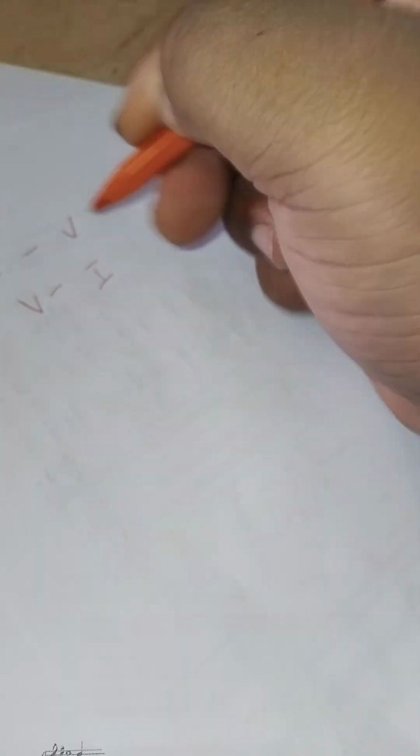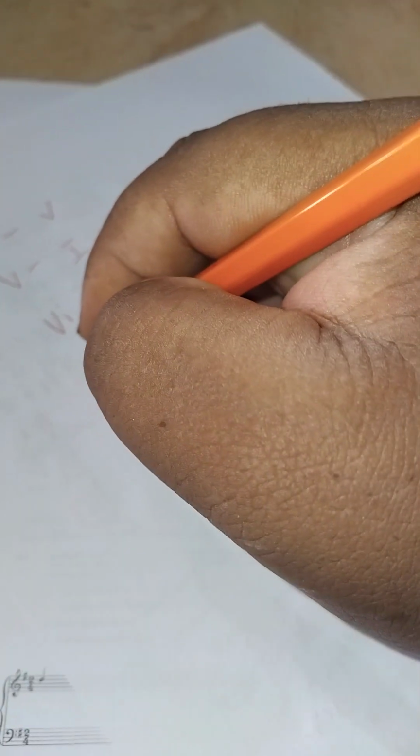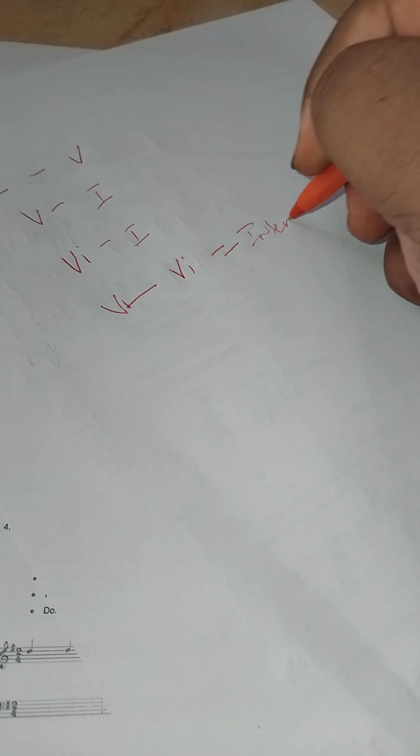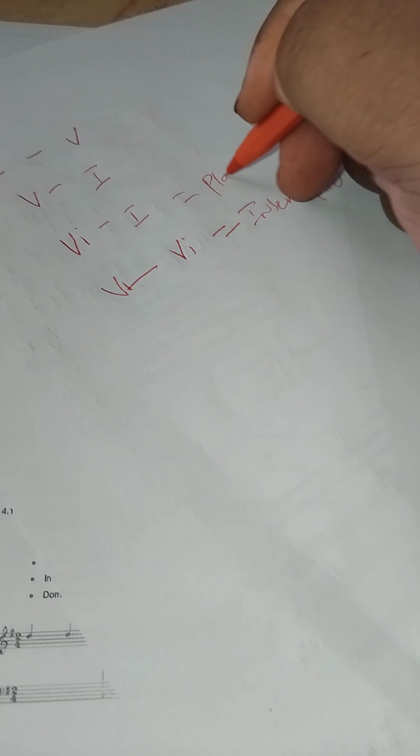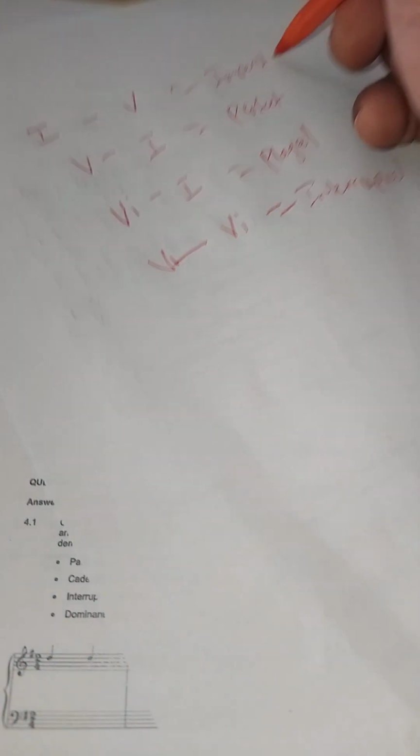Our cadences go a certain way: I to V, V to I, and then IV to I, and then V to VI again. This is interrupted. This is plagal. This is perfect. Then this is imperfect. Don't forget. So this is our interrupted cadence.